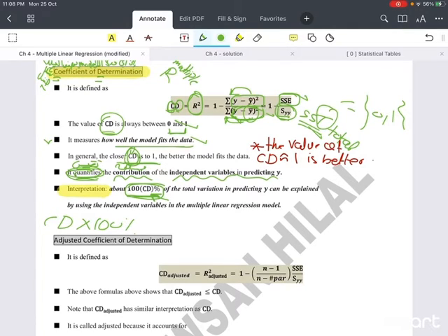Of the total variation of predicting y, you will put y with the example or exercise word, can be explained by using the independent variables in the multiple linear regression model. Okay, so this will be the interpretation.